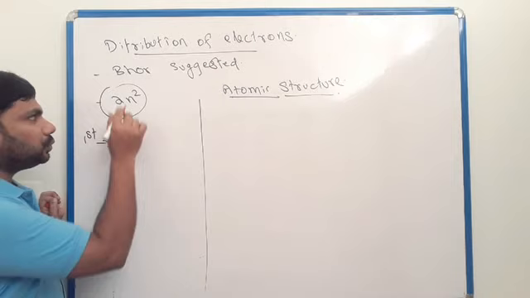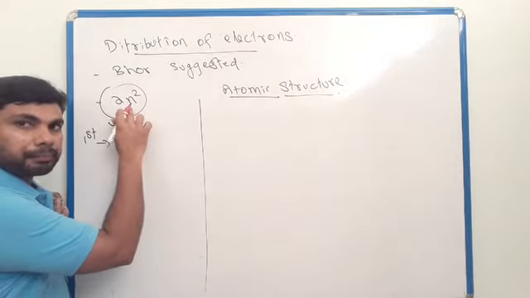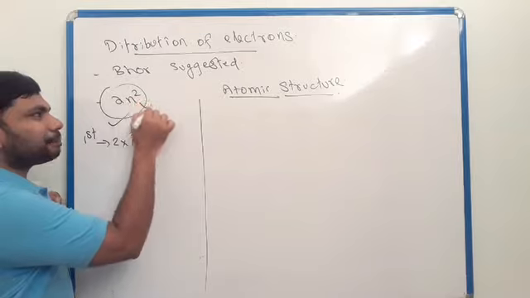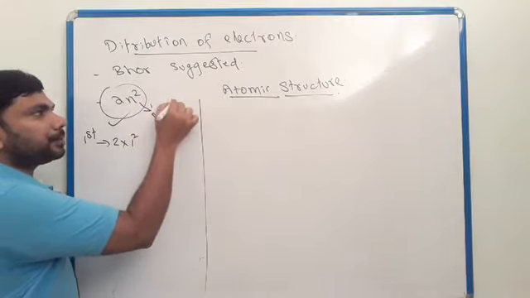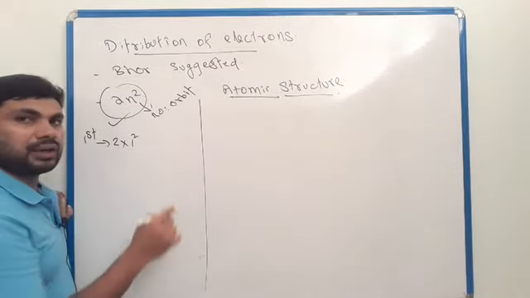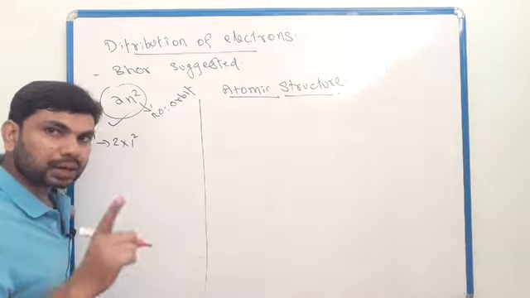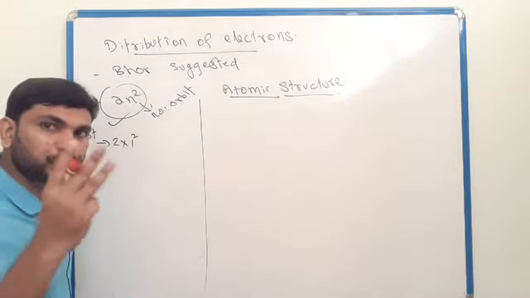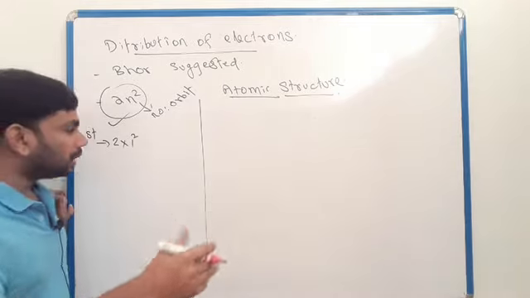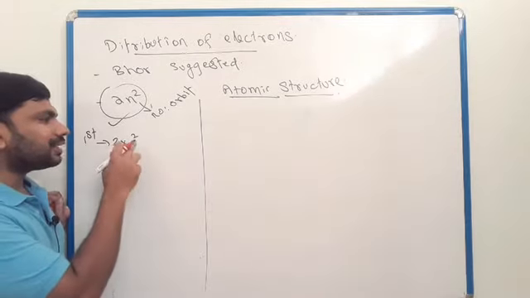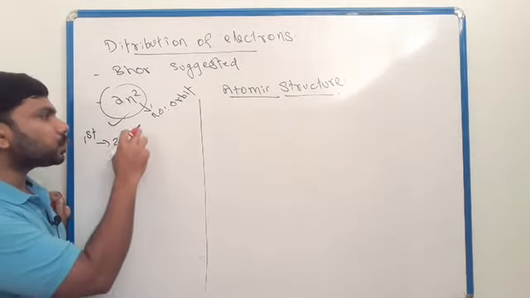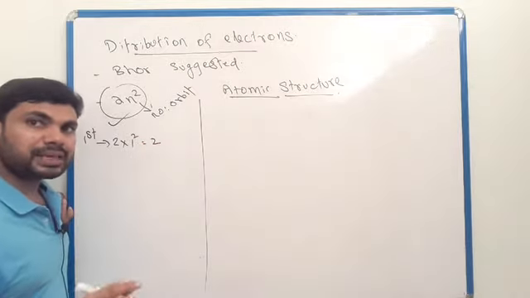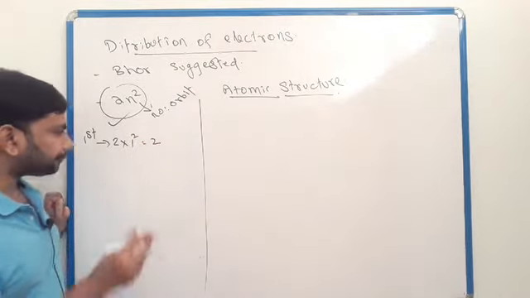You have to use the equation 2n square, so 2 times 1 square. Here n represents the number of the orbit. First orbit n equals 1, second orbit n equals 2, third orbit n equals 3, and so on. Now for the first orbit, n is equal to 1, so 2 times 1 square is 2. In the first orbit there will be 2 electrons.